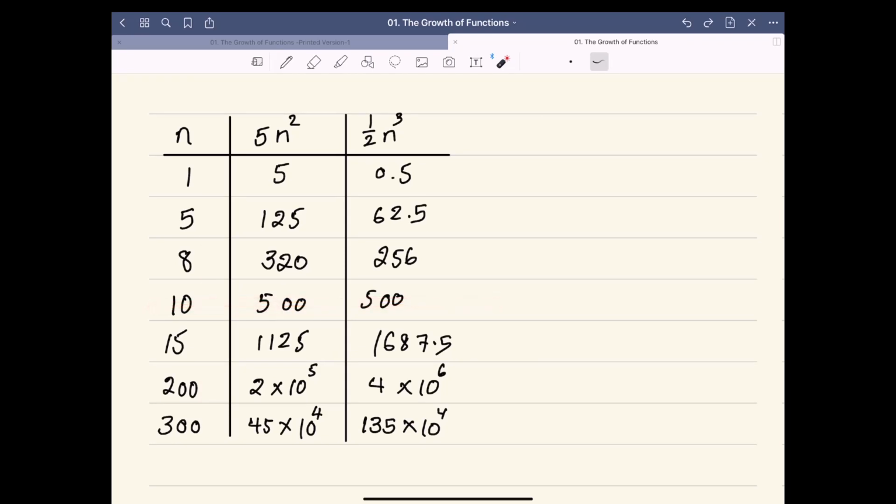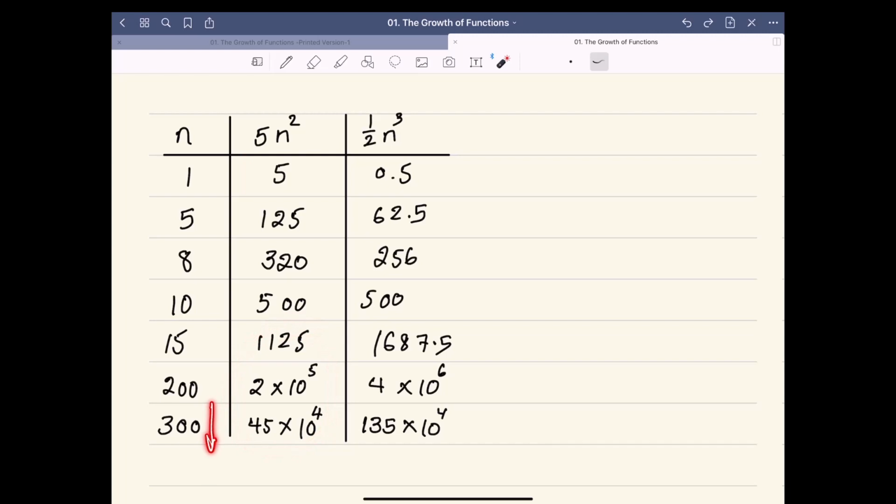But also observe that for any value of n before 10, the first function gives values that are higher than the other function. That means that the winner is the cubic function. And also after n is equal to 10, notice that the first function gives values smaller than the other function. And in this case, the first function is the winner.